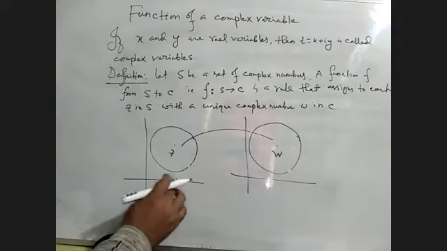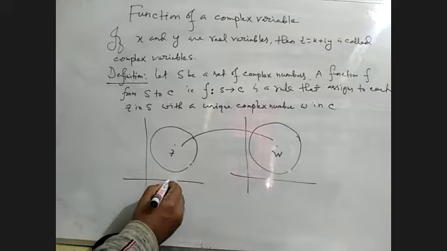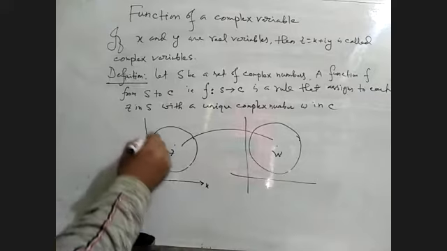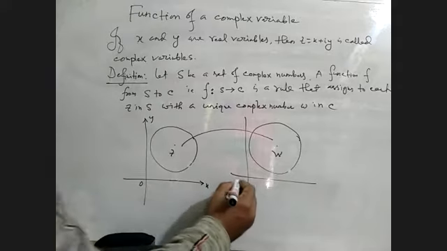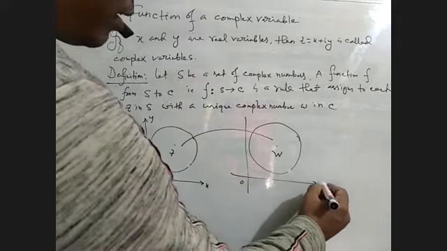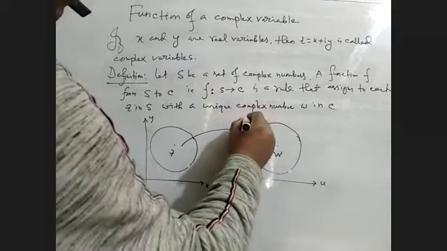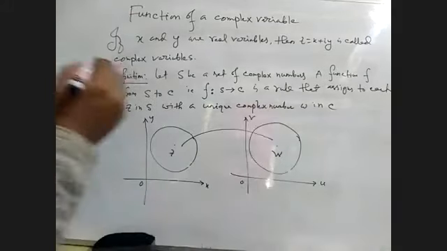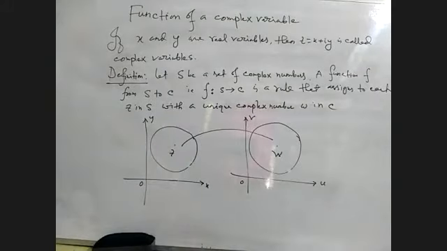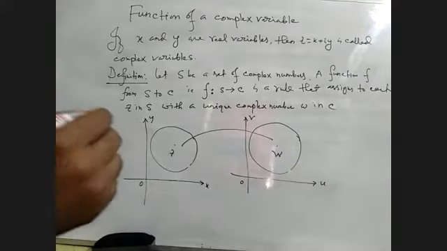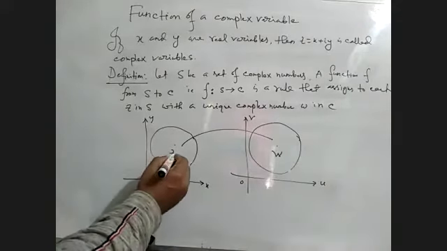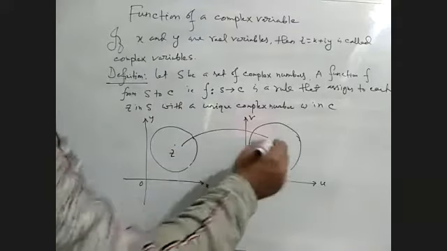And the S plane will be what? Real variable X and real variable Y. This is the origin. And this is the W plane, real variable U and imaginary variable V. So that is the domain and this is the image.